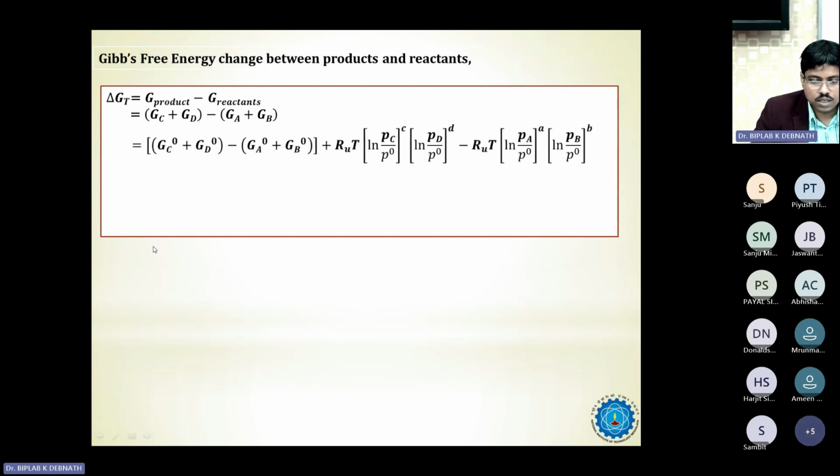So for this, how can we write the Gibbs free energy equation?